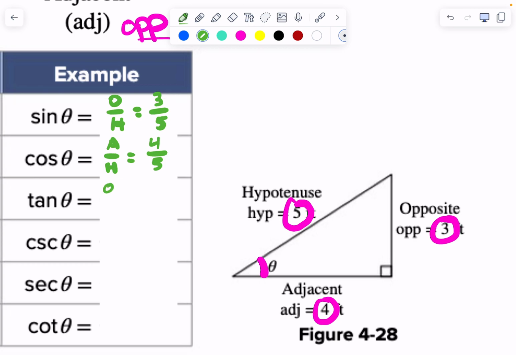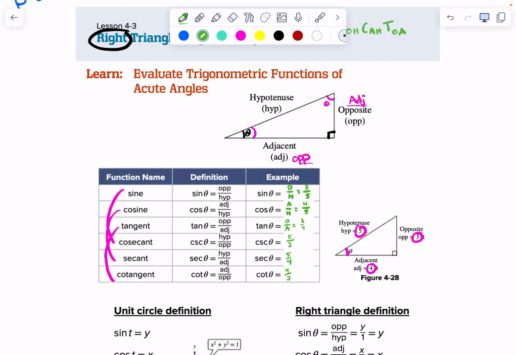Tangent, O over A, 3/4, yep. Okay, cosecant, 5/3. Take sine and flip it. Secant, 5/4. Cotangent, 4/3. You see how I get that so fast? We're just taking the one up here and flipping it. Got it? Okay. I'm going to try to go through some of this a little bit fast. Yeah? Okay. Good?